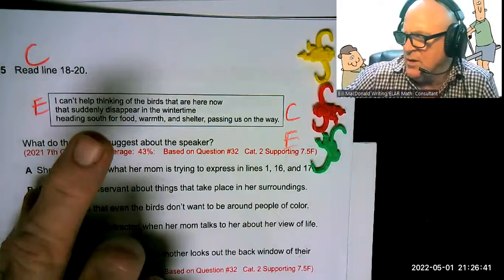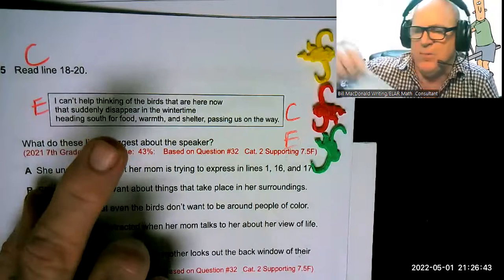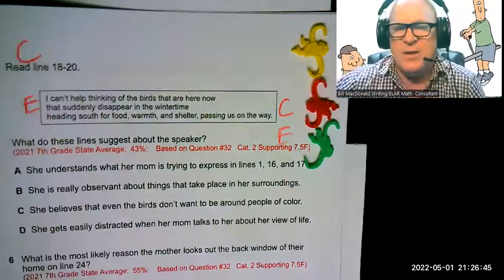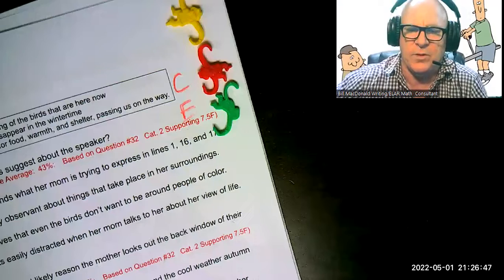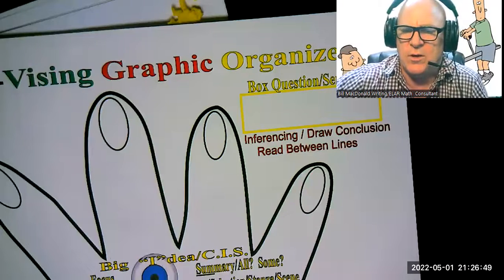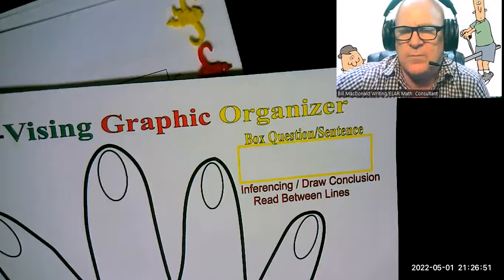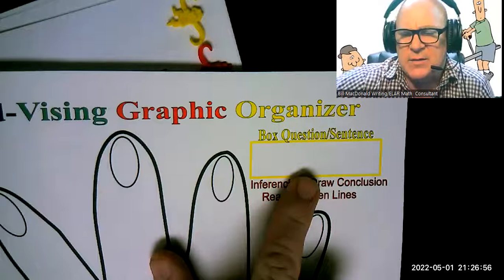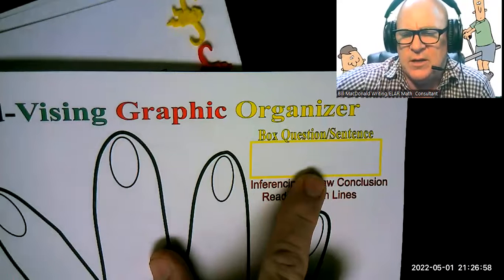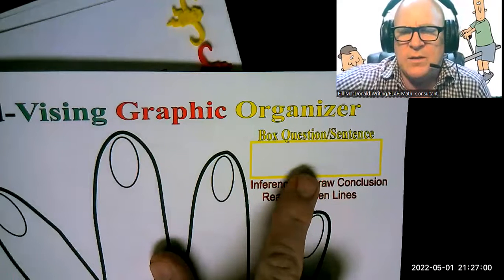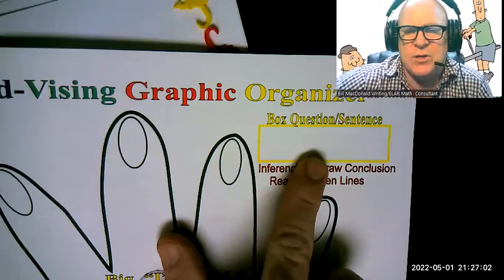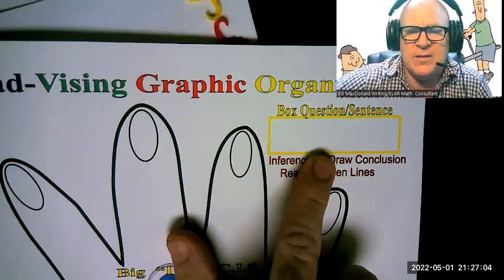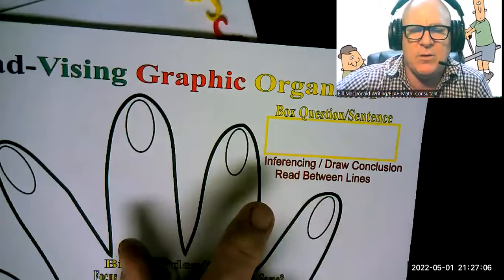And so let me show you the top of my graphic organizer. If they give us a box like that with a question or a sentence or a part of a stanza or part of a scene, then we sometimes can't just look at it by itself in the lines that they're asking about.